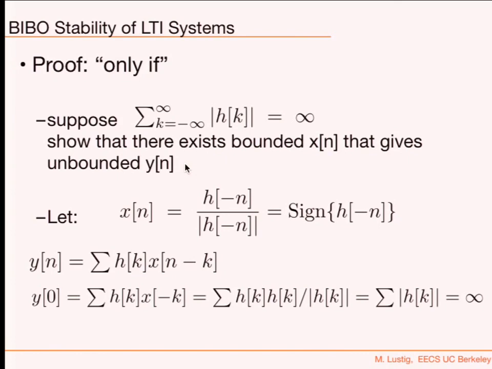Infinite. Sinc decays like 1 over x. It is infinite. So that gives me a sequence for which, at the point when those two sequences align, I get the sum of absolute values. And because I know that this is infinite, for a bounded input I get an infinite output.